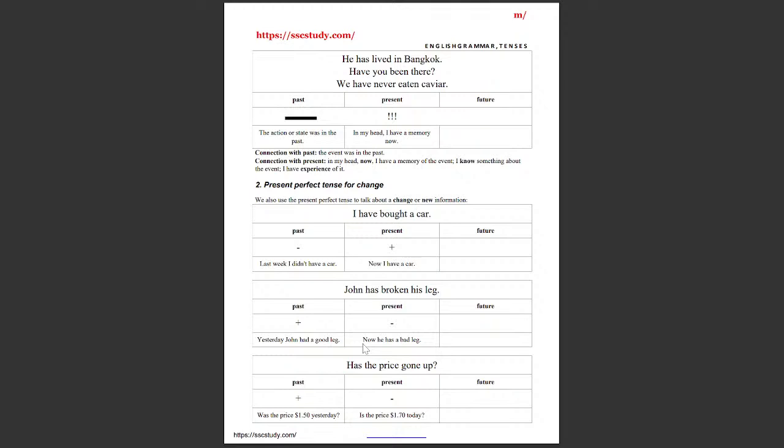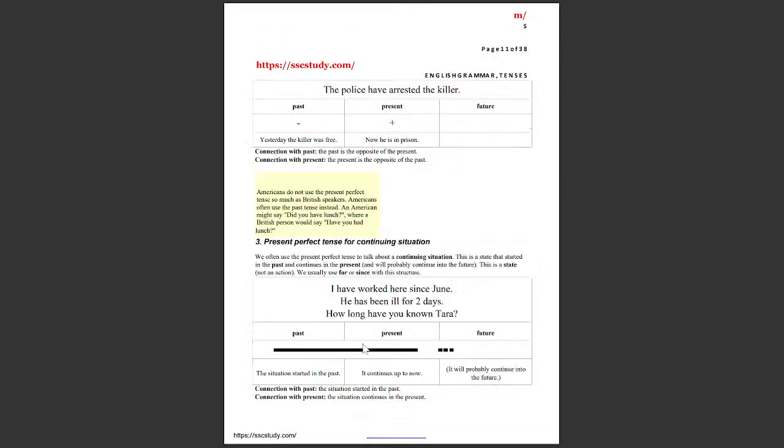Has the price gone up? We don't know when the price went up, whether in the past or the present. Was the price 1.50 yesterday, or is it 1.70 today? We don't know how it has changed. So this is the difference.